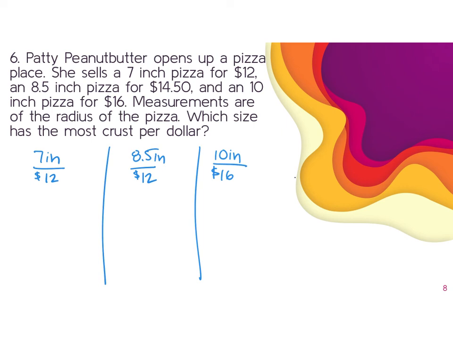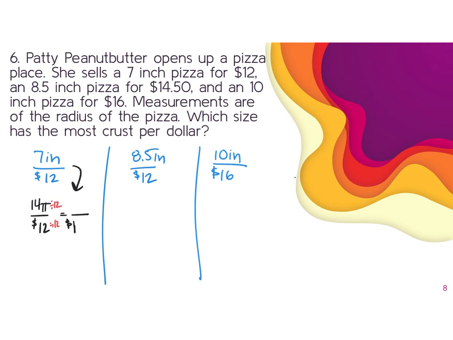Okay, now this is the radius, 7 is the radius. So what we're going to do when we look at this, we want to figure out how much crust per dollar. So crust would be the distance around. Circumference, pi times diameter, 2 pi r. So 7 times 2 is 14 pi for $12. And I want it to be per $1. So to find that unit price, we're going to divide by 12 to get it down to that $1.